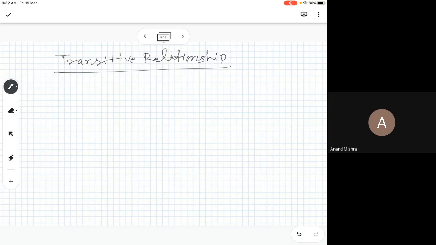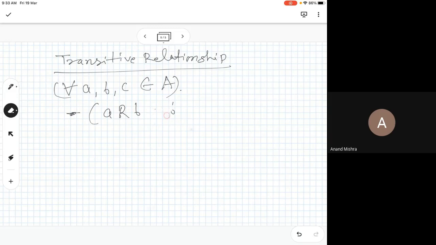We have a set A, so for all A, B, and C belonging to A, the thing which needs to be true is: if A is related to B and B is related to C, that implies A is related to C. Right?